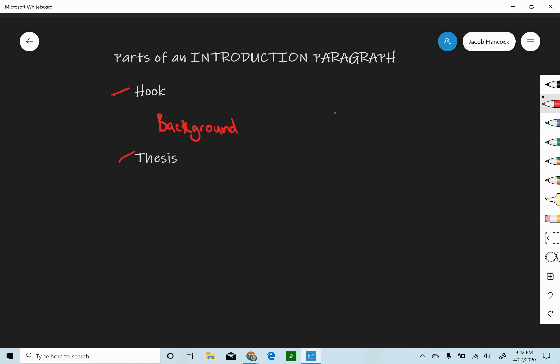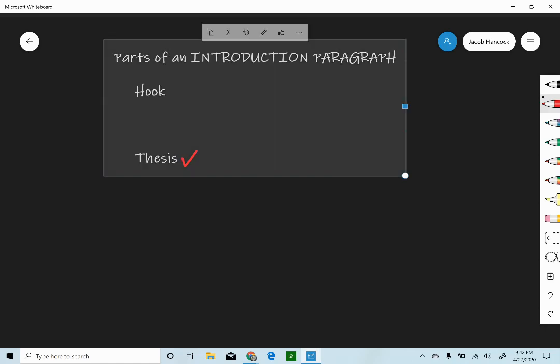And I also like to say that there's a bit of a link between the hook and the thesis. So build a little background that links your hook to your thesis. But I'm not going to teach you that style today. You'll see it. We'll do it. We'll talk about it. But what I will teach you today is where your thesis goes.